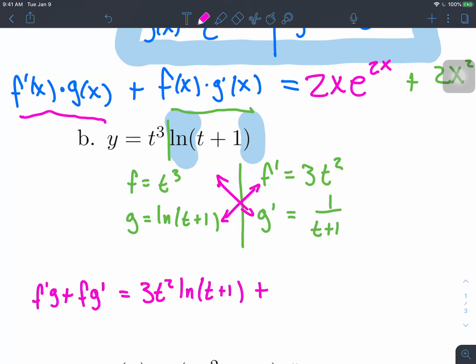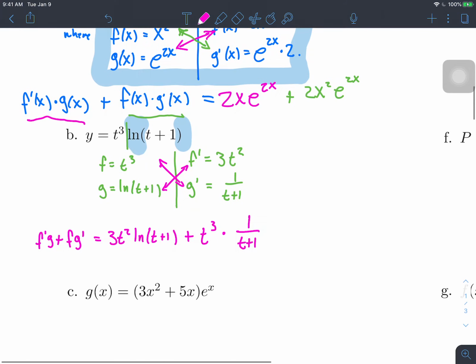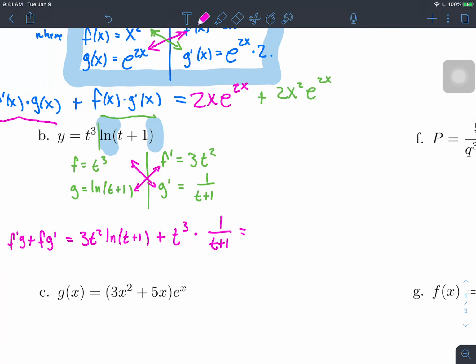And then I add. Now I should have regular f, that's t cubed. And I should multiply by the derivative of g, that's 1 over t plus 1. So altogether I get 3t squared ln of t plus 1 plus t cubed over t plus 1.